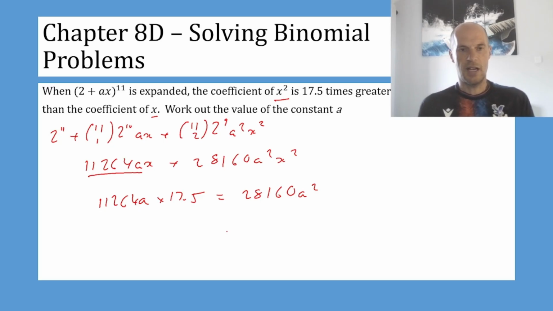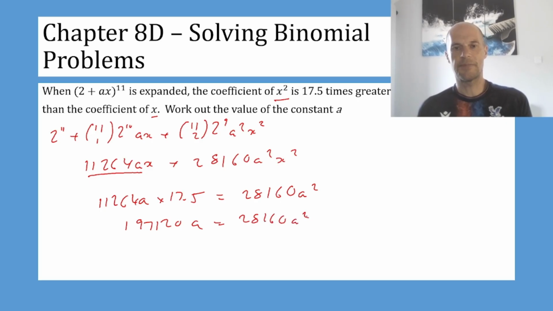I'll do this fairly slowly and steadily. 11264 multiplied by 17.5 is 197120a, which is the same as 28160a squared. So we can divide both sides by a and divide both sides by 28160. So therefore a, hopefully this will come to a fairly nice number. Yeah, it does. Fantastic. So a is 7.